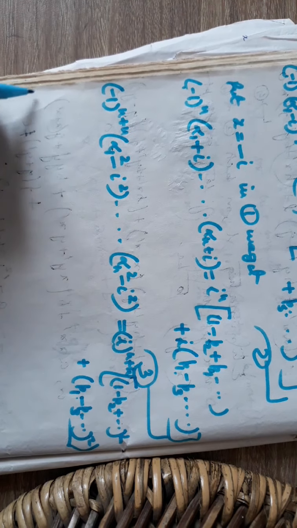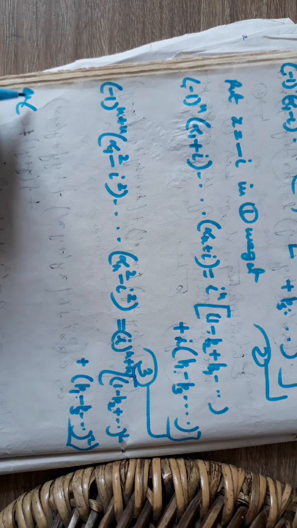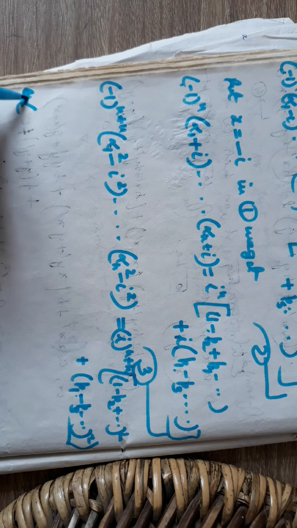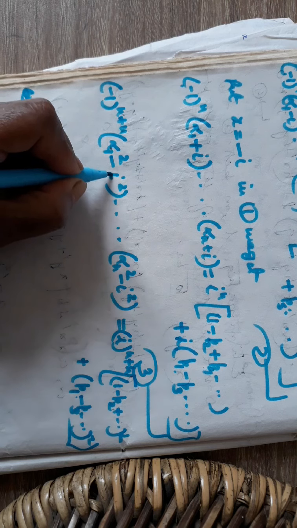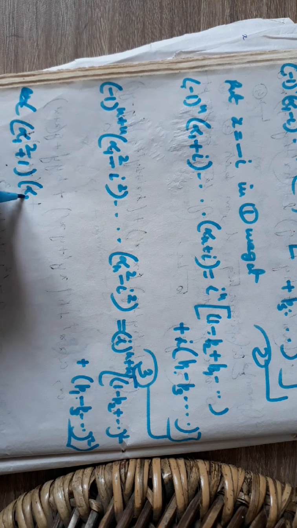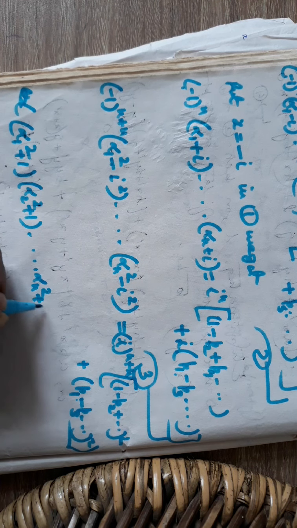So the left hand side will be minus 1 to the power n plus n, 2n will be 1 only, because something to the power of an even number will always be positive. So you have this is alpha 1 square, because i square gives you minus into minus gives you plus 1, and then alpha 2 square plus 1, dash dash, alpha n square plus 1.